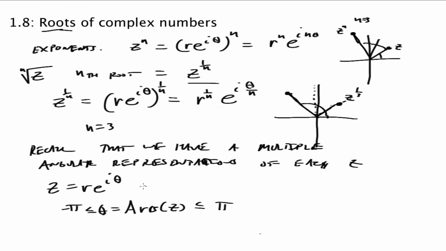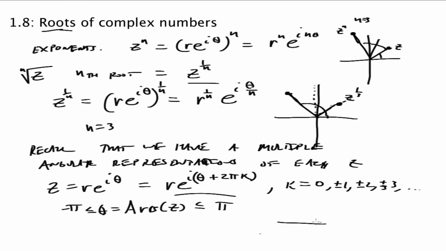But there are all these other equivalent versions of z, r e to the i theta, where I now add plus 2 pi k, where k can be 0, and that's the principal argument, and also plus or minus 1, plus or minus 2, plus or minus 3, and so on to infinity in both directions. These are all multiple versions of the same complex number. So now we have this issue of many to one.